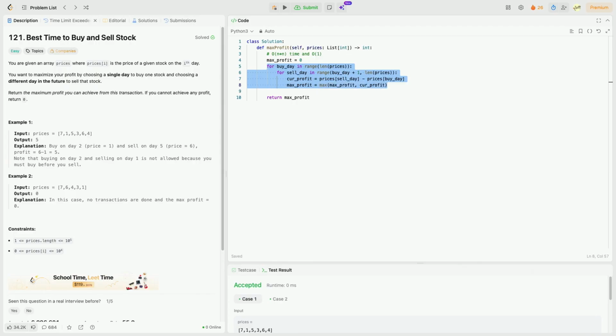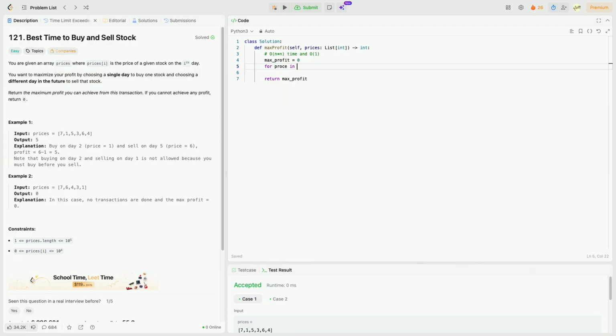We're going to iterate over the prices, for price in prices. We'll have a buy price. What will be our buying price?